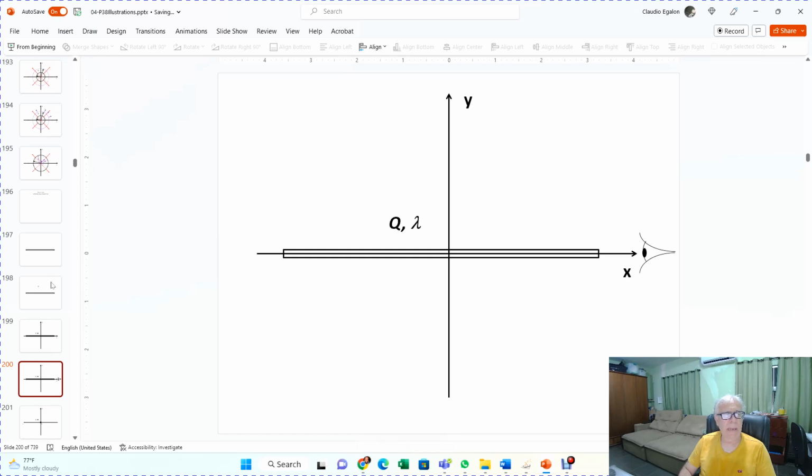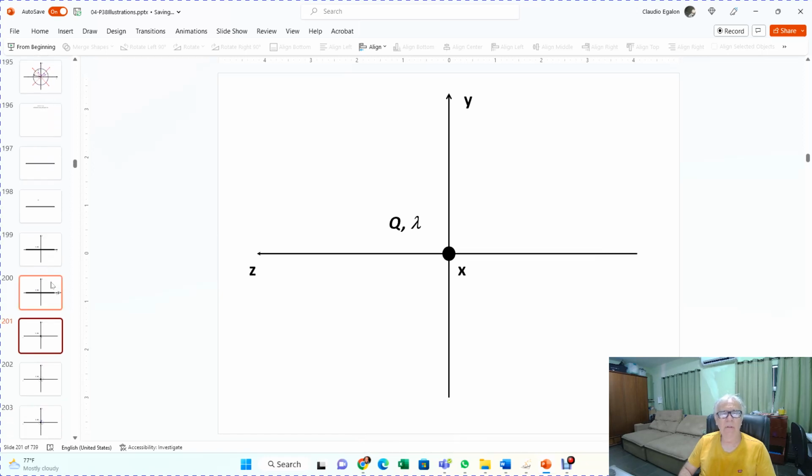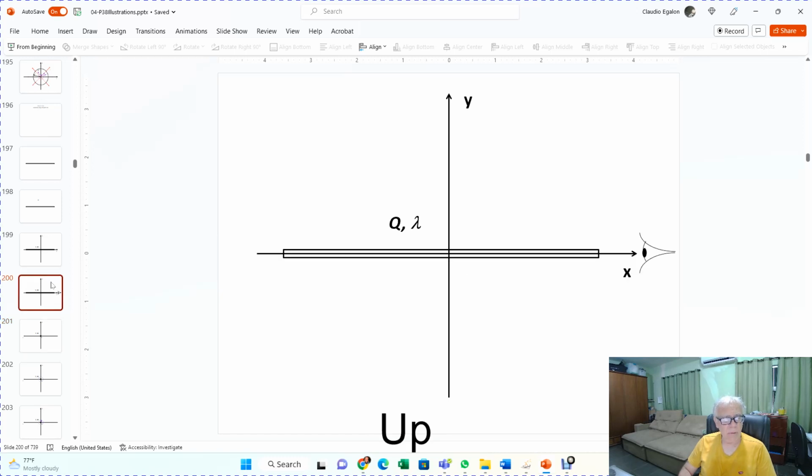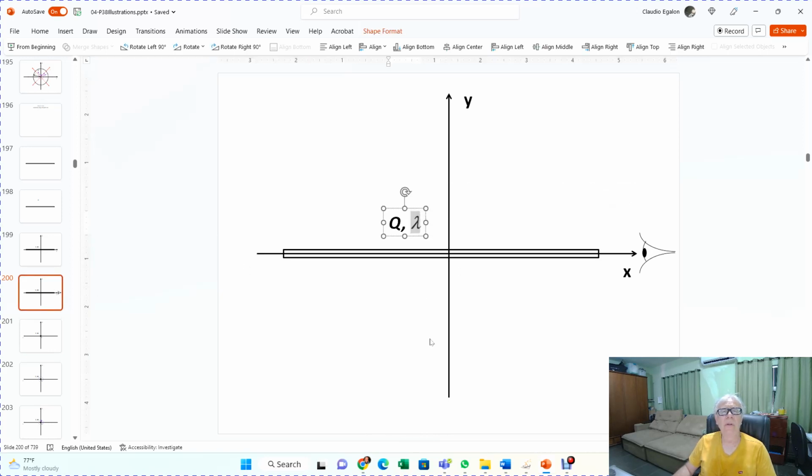The z direction is coming out of the plane of my computer. If you look along the x-axis, you see something like that, a line going towards you. Okay, and this line is very important for us to recognize that your rod has azimuthal symmetry. Not only has azimuthal symmetry, but it also has longitudinal symmetry because the charge distribution is uniform.